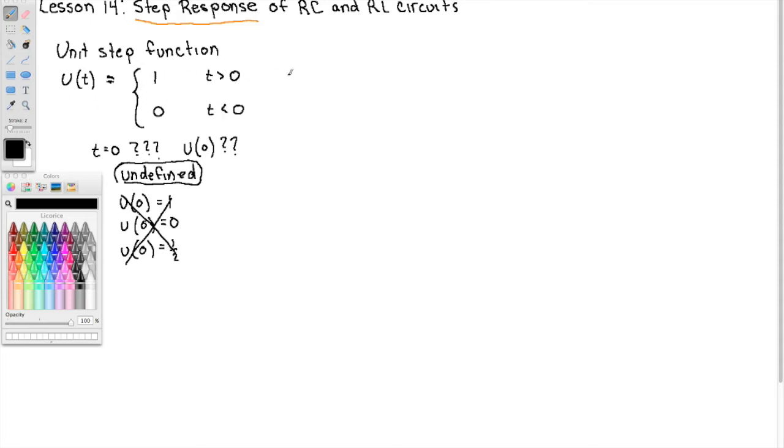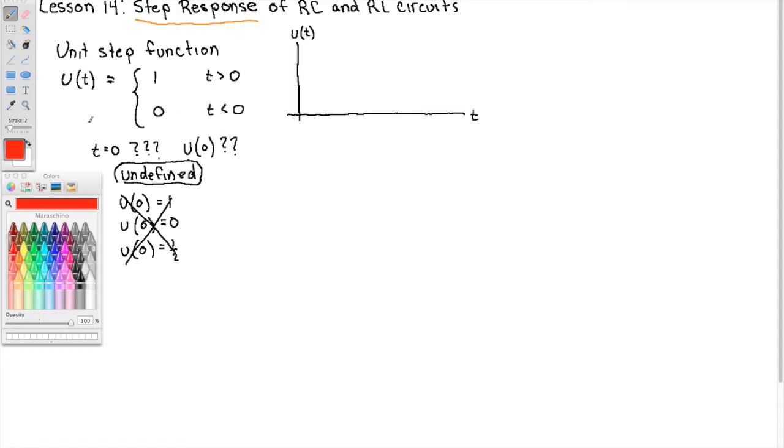So let's make a plot of it. Right. So here's the unit step. I'll give some labels to our axes. U of t. Here's t. So what does such a function look like? Well, it's 0 for time less than 0.